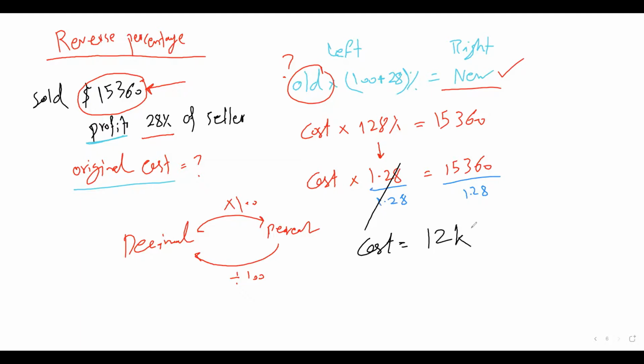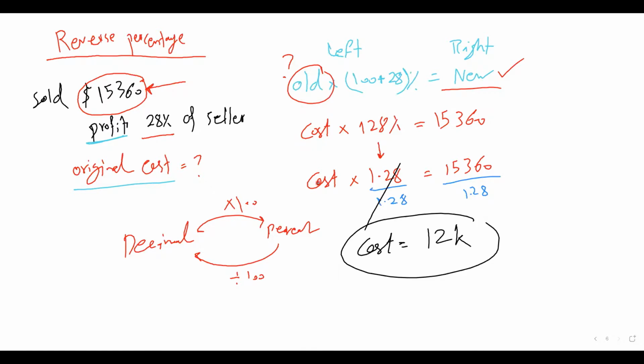So the original price was 12,000, and this guy sold it at this price, which gave him 28% profit, right? So this is what we call reverse percentage. The new could be price, it could be weight, it could be length, any quantity will be given to you, and you're asked to find the old, which is basically the quantity on the left-hand side.